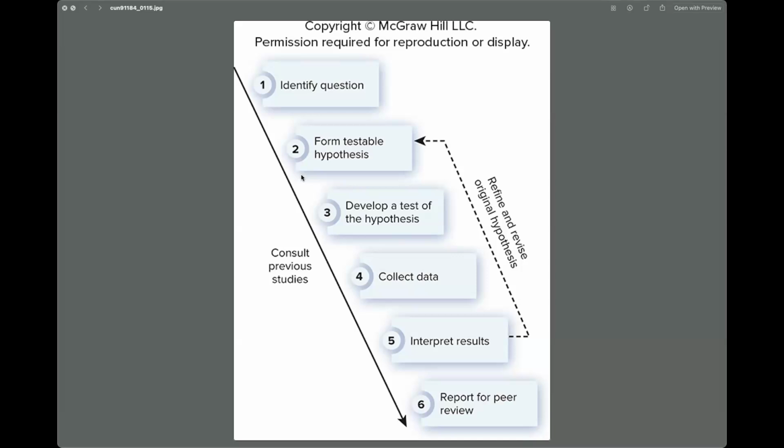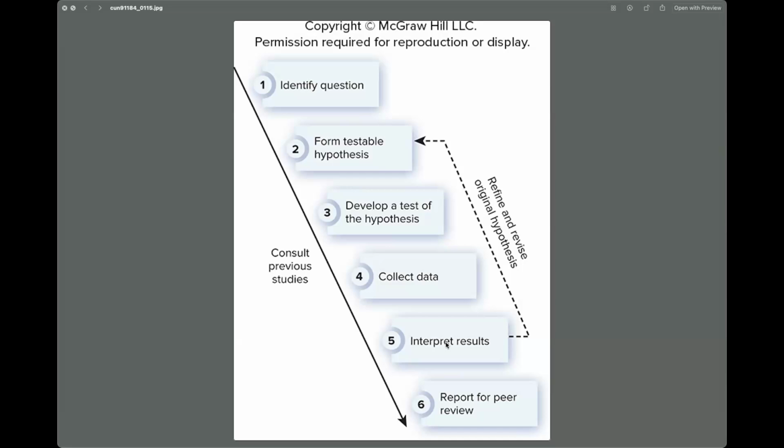But in this case, the testable hypothesis would be to venture an answer to the question by suggesting an answer that can be examined or tested. Then you form the hypothesis, you test the hypothesis, you collect the data, and you interpret the results.